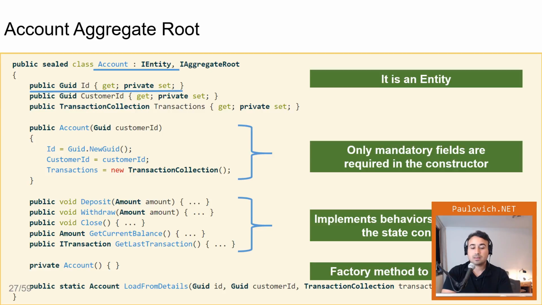And to work around that, you need to expose a factory method. So this load from details is a restored state. We are going to see more on that in the future.